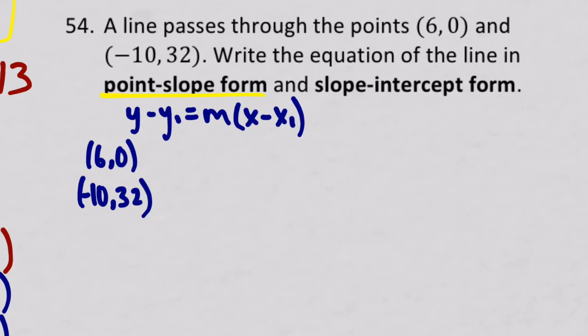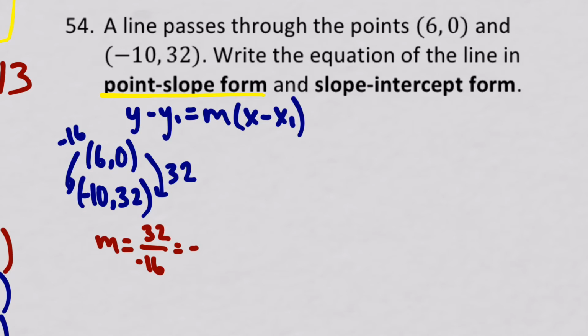I'm going to find the change. From 0 to 32 is plus 32. From 6 to negative 10, be very careful with that one. You're going from positive 6 all the way back to negative 10. That's negative 16. So that means that the slope is 32 divided by negative 16, which is negative 2.